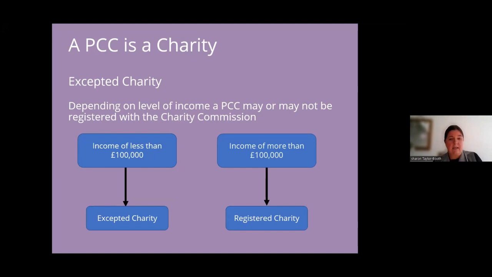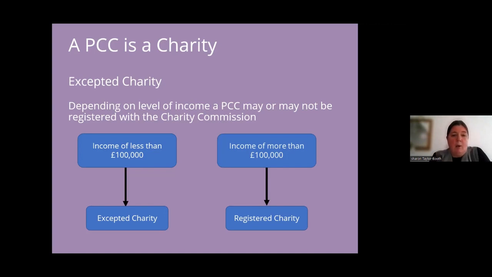It will need to receive a copy of your trustees' annual report. Okay, it will need to be told about any extraordinary issues that you have in your parish. It will need to be told about non-compliance. It then might be escalated to the Charity Commission depending on what your diocese deems to be appropriate.